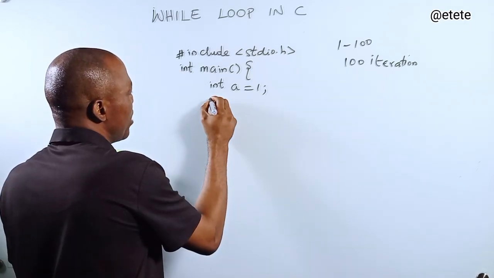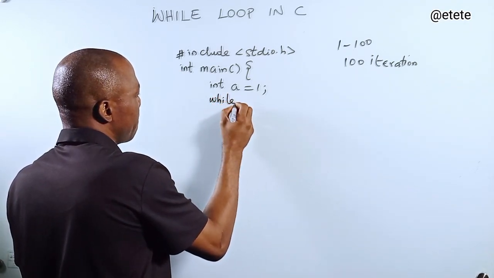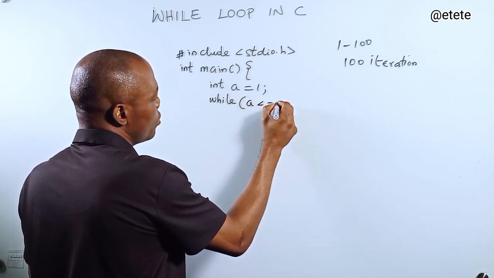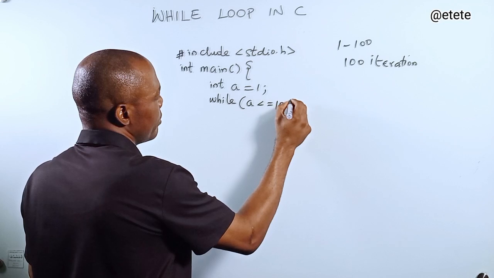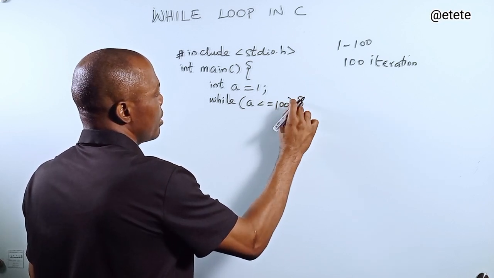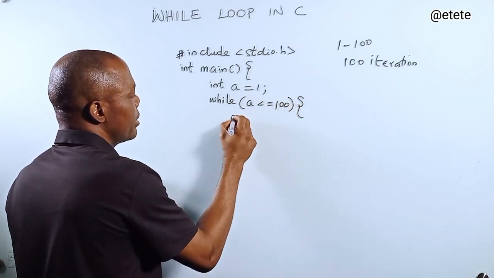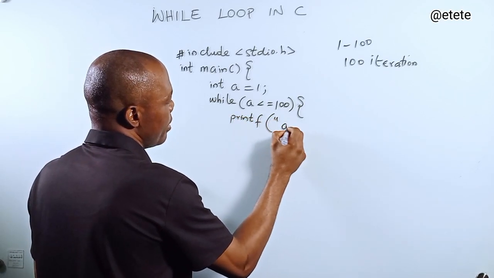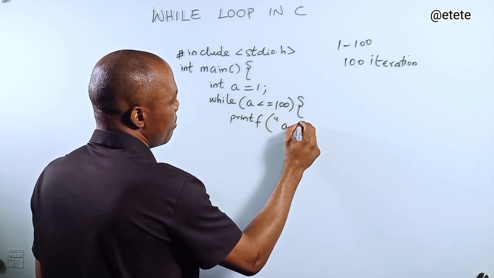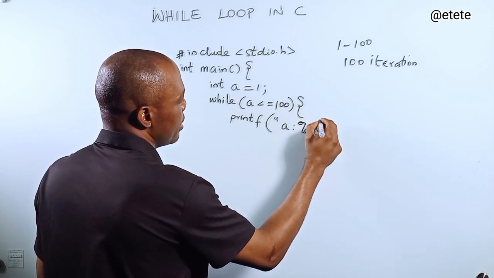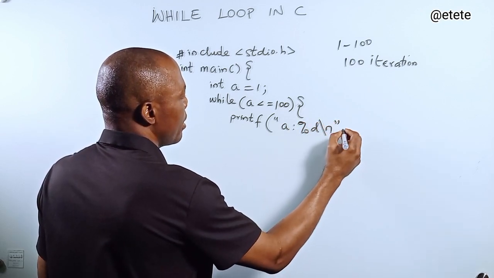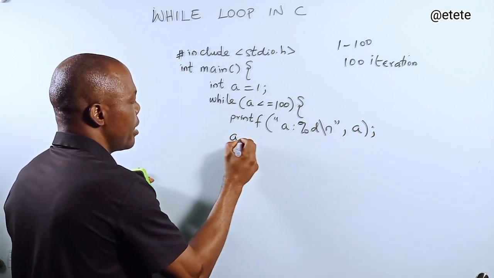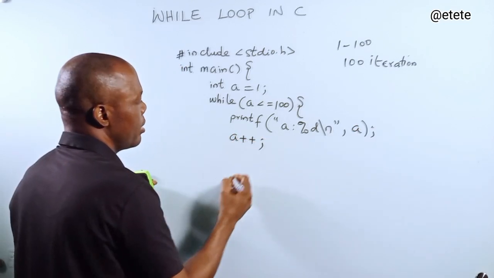So I will come here and I will say while, then I will test my condition: a less than or equal to 100. Go in and say printf, percent d, then a. And then here, increment a, another statement.